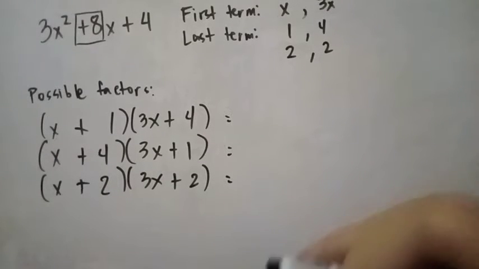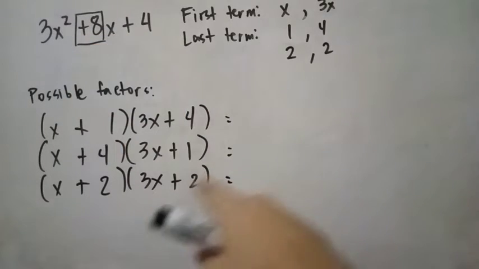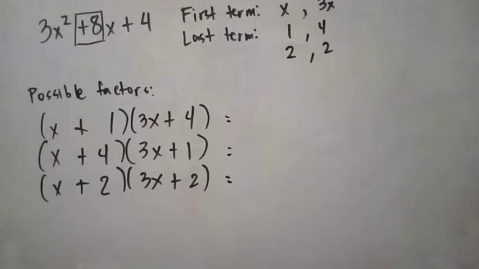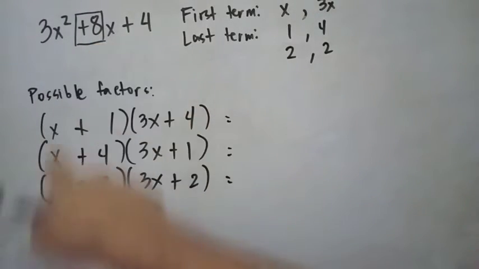Kaya lang, ang gagamitin lang natin is O and I, outer and inner terms. Kasi ang puproblemahin natin is yung middle term na 8x. So kailangan after gamitin natin yung outer tsaka inner terms sa FOIL, kailangan nag-equal siya dito. Okay?